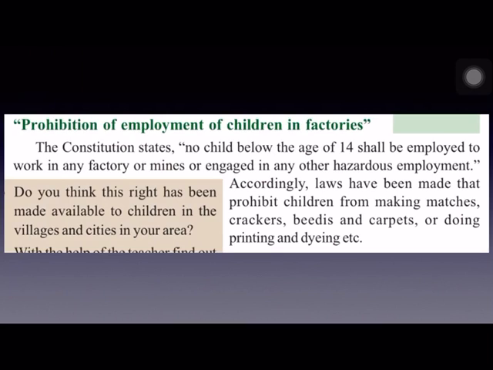Below the age of 14 years, no child can be employed to work in any factory or mines or any other hazardous employment. Accordingly, laws have been made, and Article 24 of the Constitution prohibits employment of children in any hazardous work. Remember it. Article 24 of the Indian Constitution prohibits employment of children in factories or any other hazardous works.